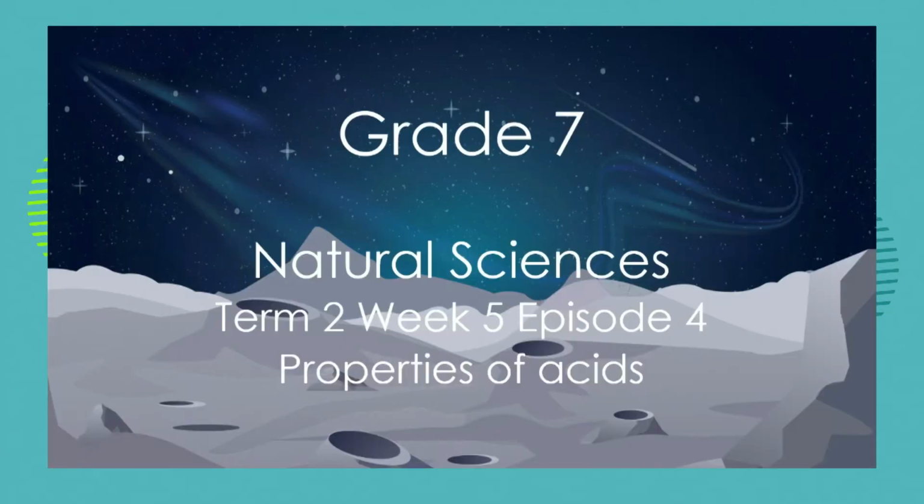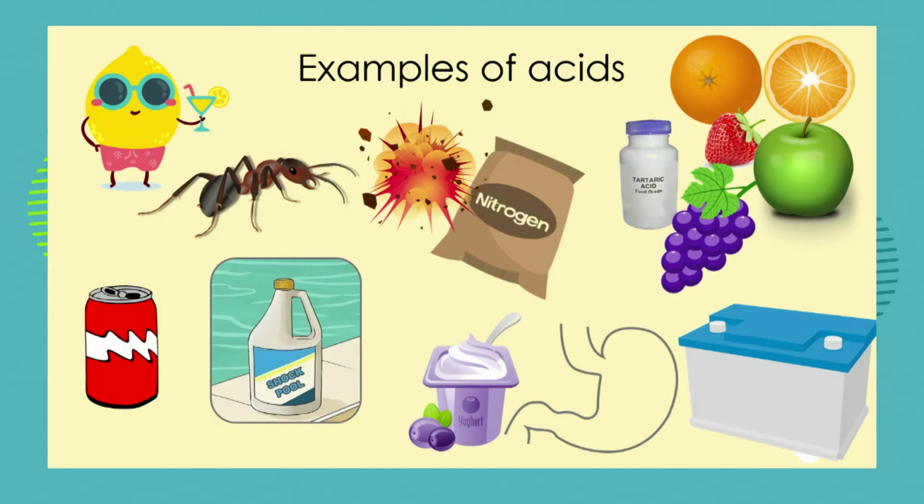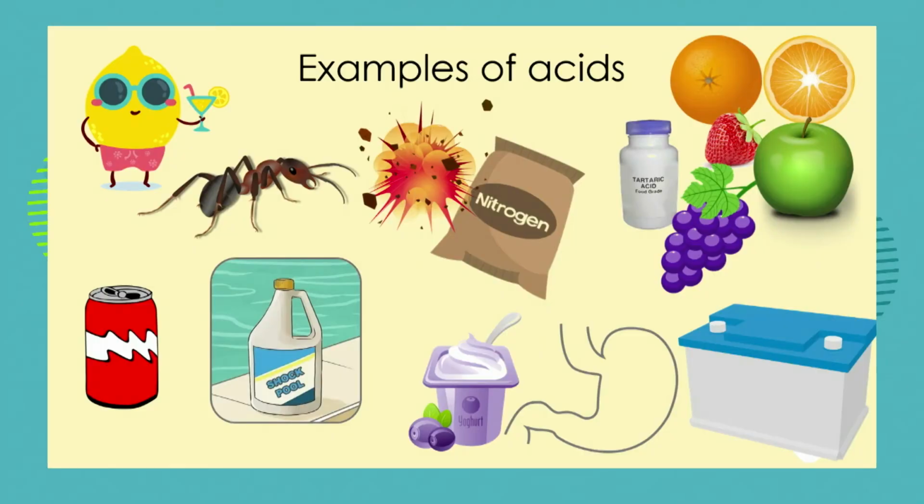So what is it that we're going to be learning about today? Well, today we're going to be focusing on the properties of acids. We have learnt about different examples of acids that are all around us in our kitchen, in places where we would not expect to find them, in certain foods, and of course very strong acids found in other places like explosives and to make nitrogen-based fertilizers.